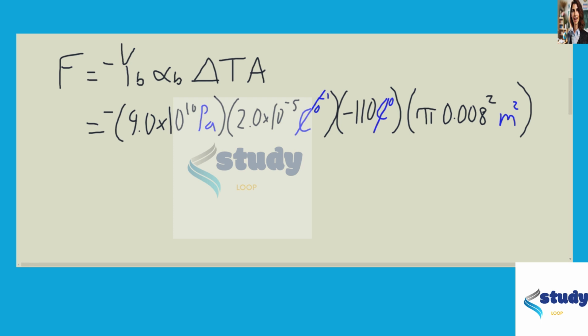And now we have pascals and meters. So what you should know is that pascals are equivalent to newtons over meters squared. And in that case, meters squared will cancel out and we will be left with newtons, which is a unit of force, and that's what we want.